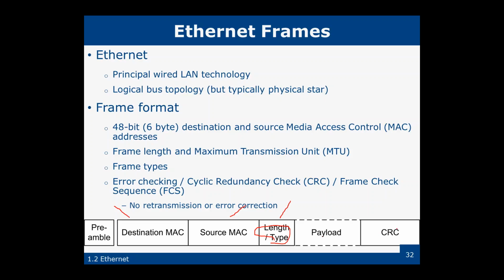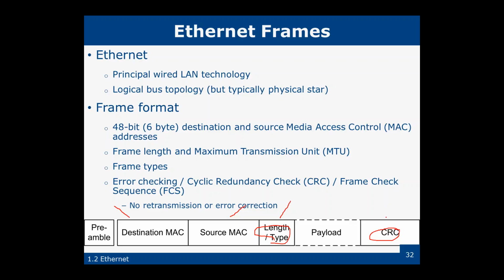The payload. A CRC is a cyclical redundancy check. What it does is create a number based upon an algorithm and the content of the frame. When it gets to the other end, it recreates the CRC and compares the two, and if they're the same, it's okay.